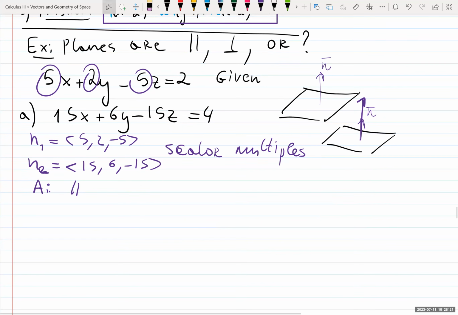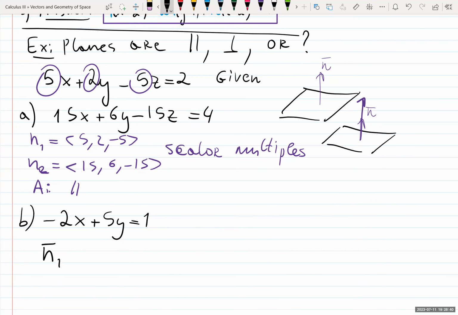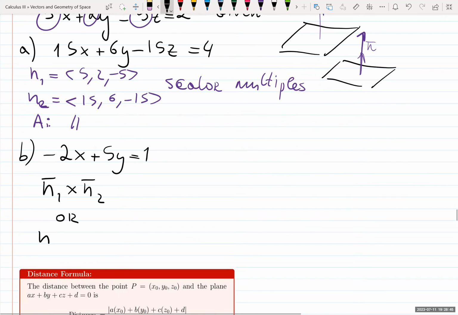Now, how about this one? B. Minus 2x plus 5y equals 1. Yeah, they don't have any connection. I can check the dot products. Of course you can check n1 times n2. Which one do you want, scalar product or dot product? If the dot product gives you 0, they are perpendicular.